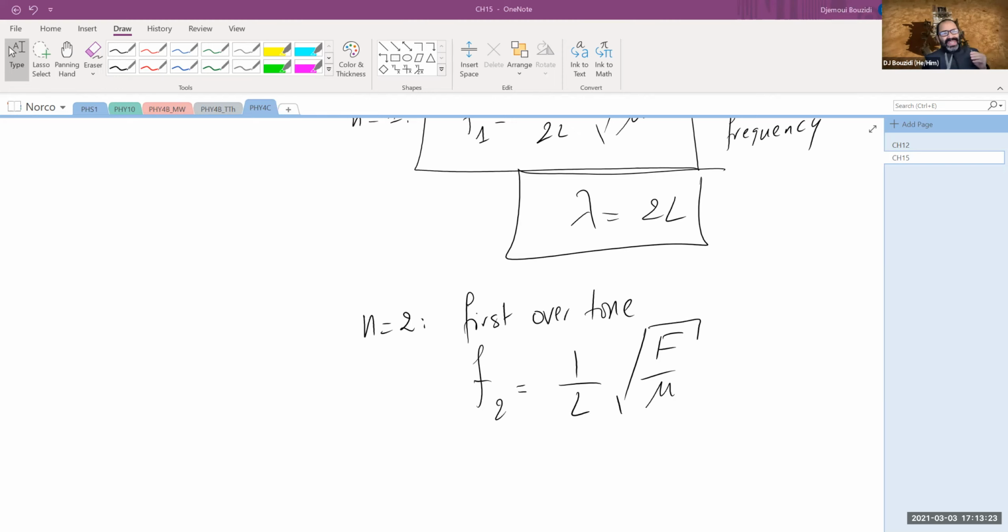I hope you guys have seen the tone changing from one frequency to a different frequency to a different frequency, and those are the overtones, higher and higher frequency. When I changed the length L, it was long, the tone was low. You can replay this part and see how the length changed.